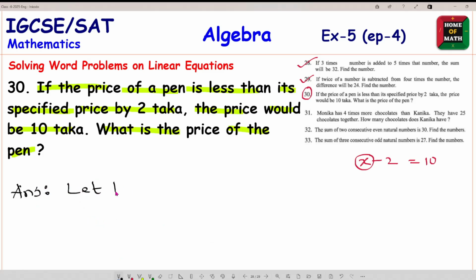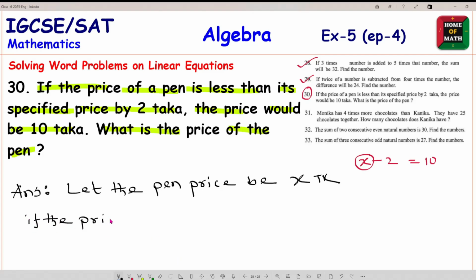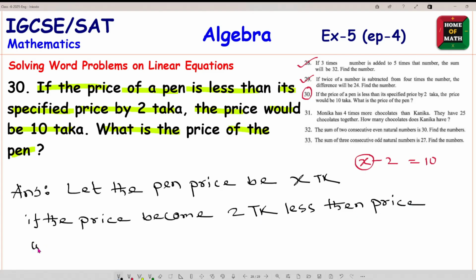Let the pen price be X taka, okay, or X taka or X, any kind of currency, we don't know, dollar, pound, anything, but it should be X. Now we can write, if the price becomes 2 taka less, then the price will be X minus 2.